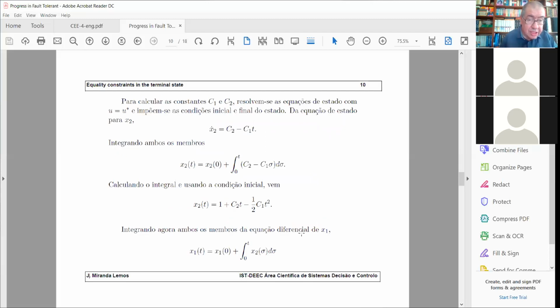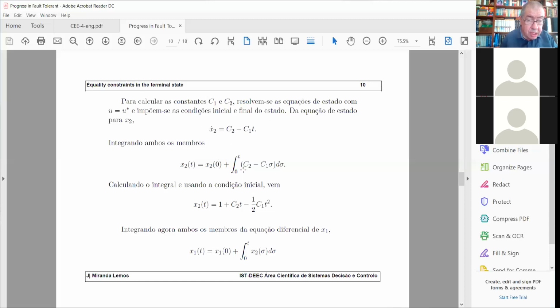So how can we find C1 and C2? We plug it in the state equations. So x2 dot is U, so use the optimal value for U. And now integrate. If you integrate x2 dot, you get x2 of t minus x2 of 0 equals this integral.